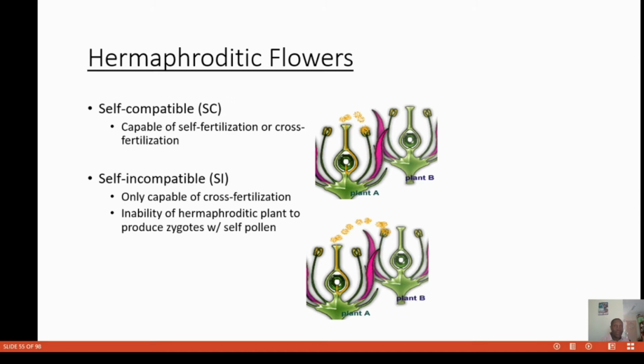They are not polygamous. They may be self-compatible, meaning that they are capable of self-fertilization, or they can even be cross-fertilized. They may be self-incompatible, meaning that they are only capable of cross-fertilization.